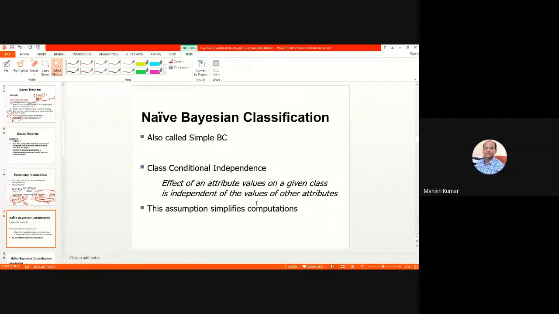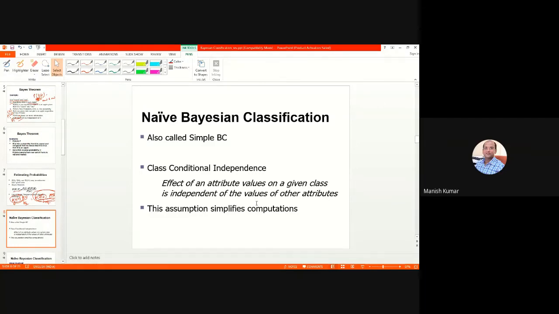Before going for the objective function, there is one assumption we look for, which actually simplifies the computations as well. That particular assumption is class conditional independence.